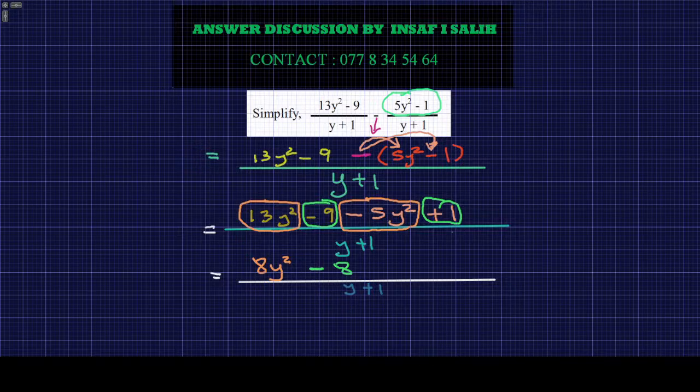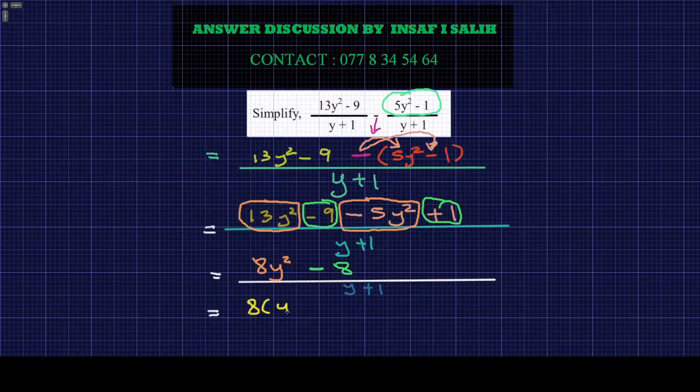Alright. So before we conclude this as the final answer, we got to do one extra check. What is that extra check? Whether we can factorize 8y squared minus 8. Is there a common factor? Yes, there is. 8 is the common factor. So 8 goes out. What would come in?